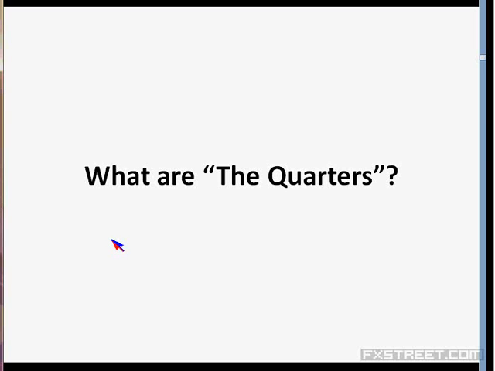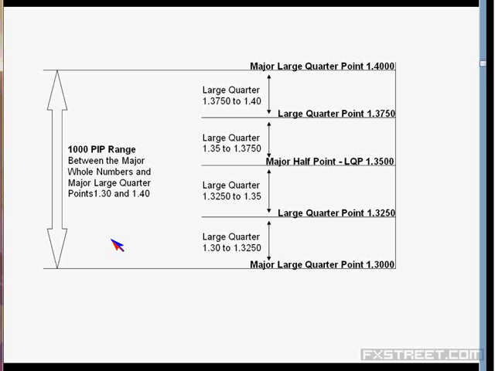The quarters theory focuses on the 1,000 pip ranges between the major whole numbers in currency exchange rates and divides these ranges into 4 equal parts, or 4 large quarters.